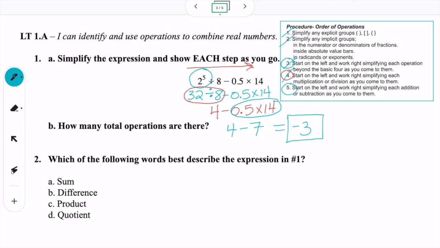Question B says, how many total operations are there? Let's count. We did the exponent. That was one step. Step 1, exponent. Step 2, we multiplied and divided from left to right, which means we divide, then we multiplied.